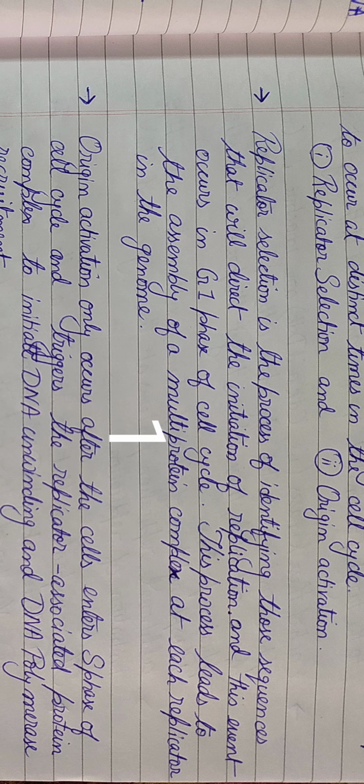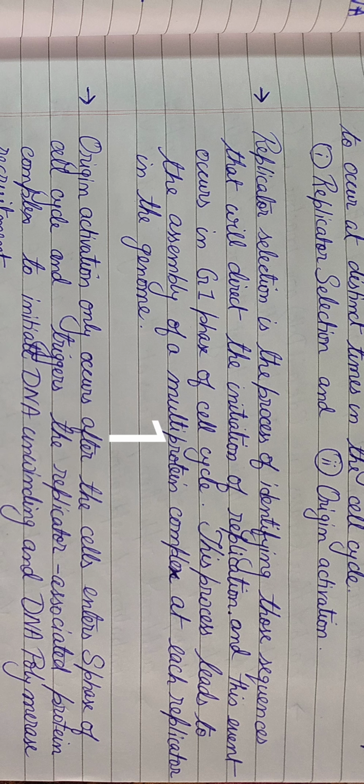Eukaryotes have multiple origins of replication, as we know, because eukaryotic genomes are much larger than those of prokaryotes. So we have to make a whole copy of the DNA so that we can distribute it into two daughter cells during cell division.